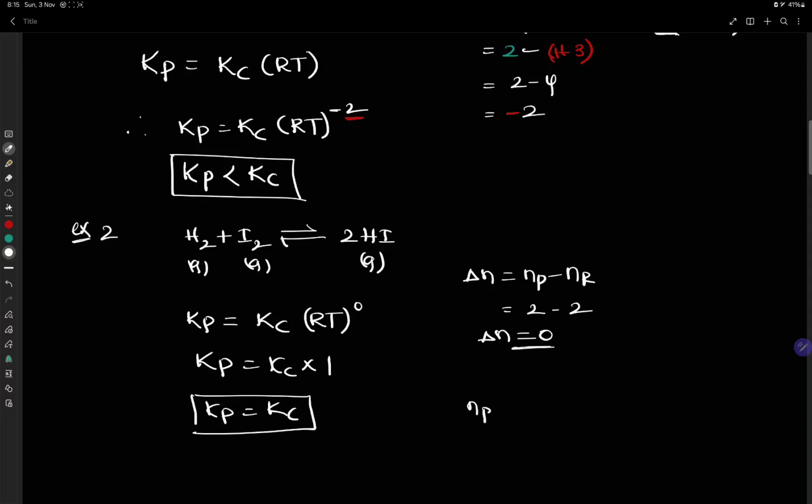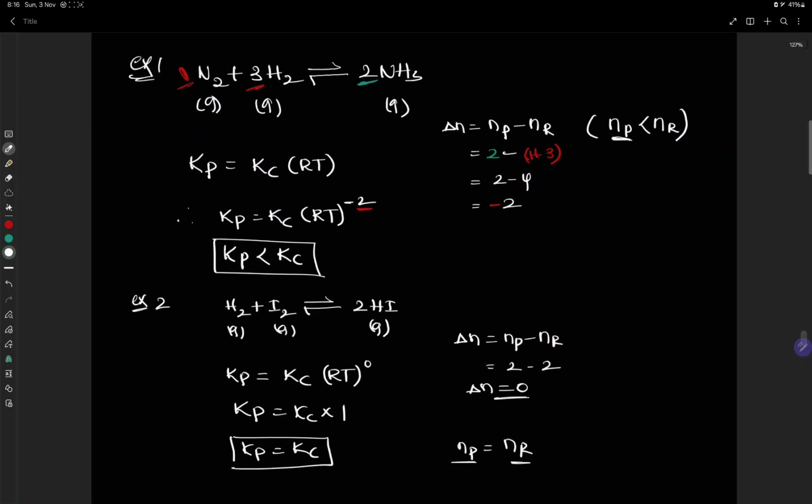Whenever Np is equal to Nr, Kp is equal to Kc. If Np is greater than Nr, then Kp is greater than Kc.